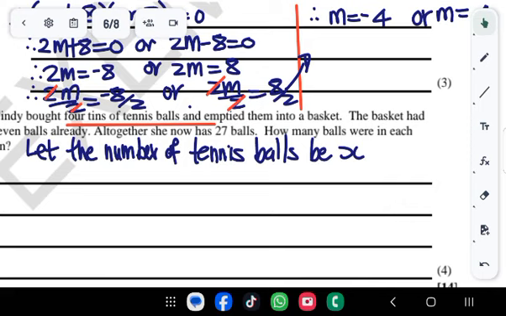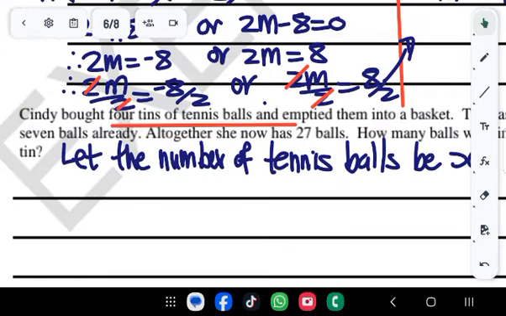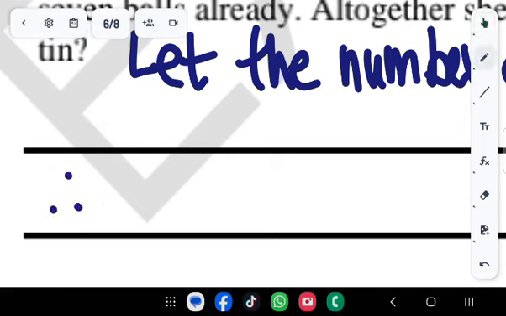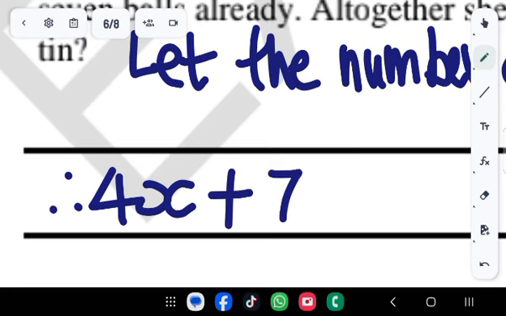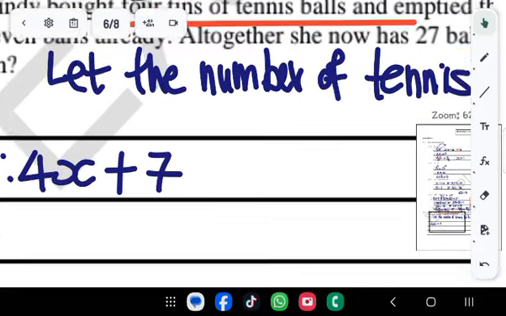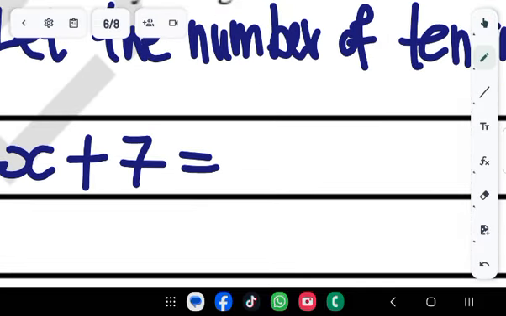So meaning that in the 4 tins you have 4 times x balls. Those 4 tins with x number of balls in each tin plus the 7 that were already in the basket, all together added to 27.